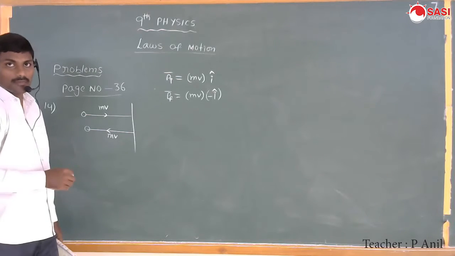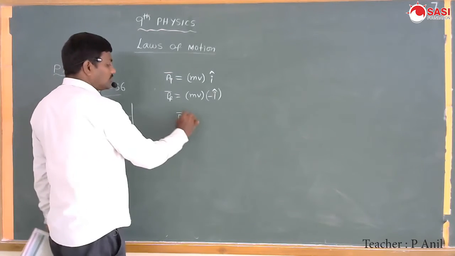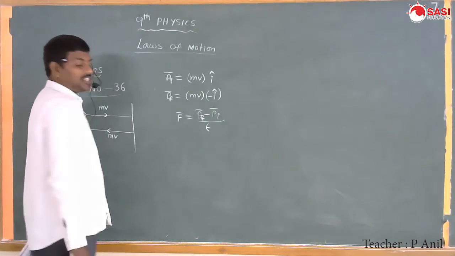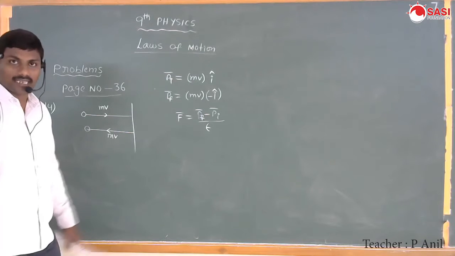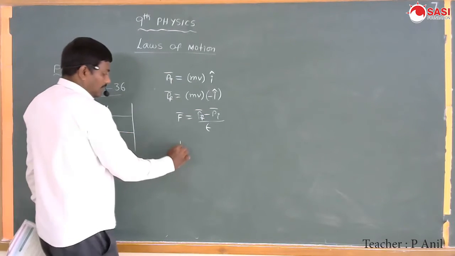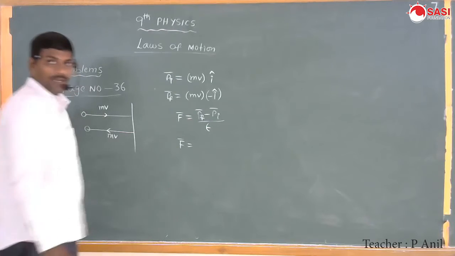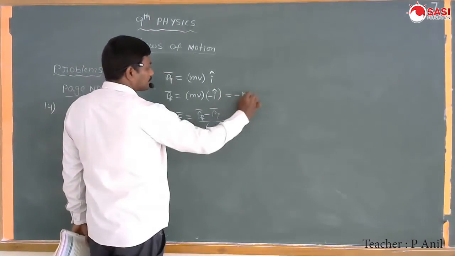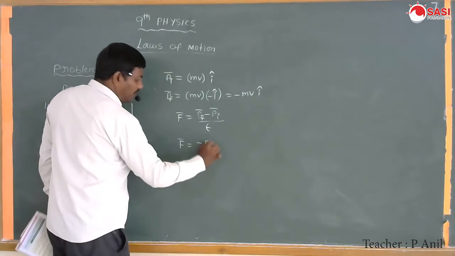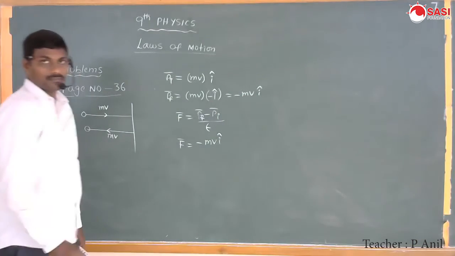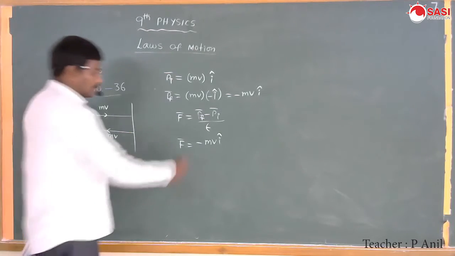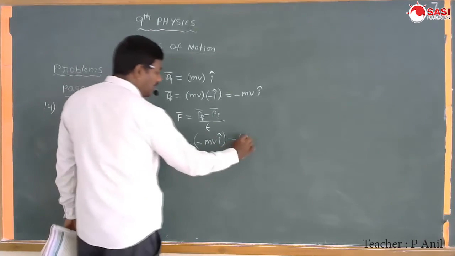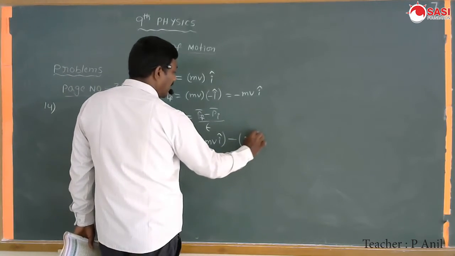What is the change in momentum? Force is equal to final momentum minus initial momentum by time, the change in momentum by time, according to Newton's second law. Here F bar is equal to the final momentum, minus mv i cap, minus the initial momentum, mv i cap, by time.